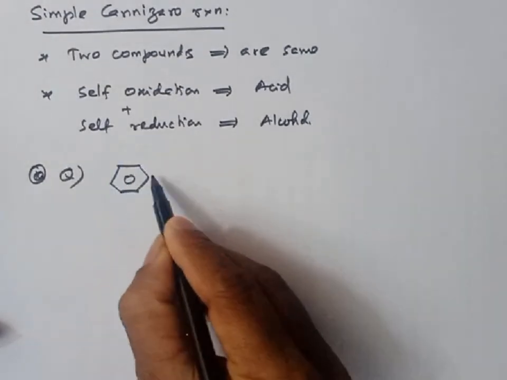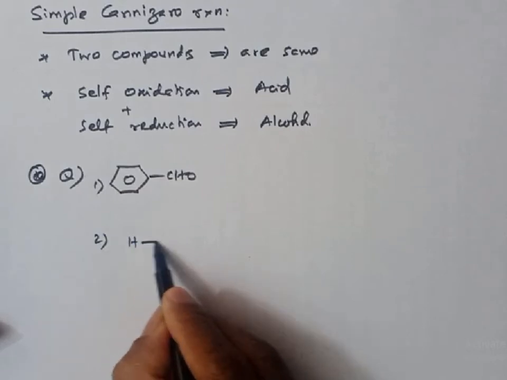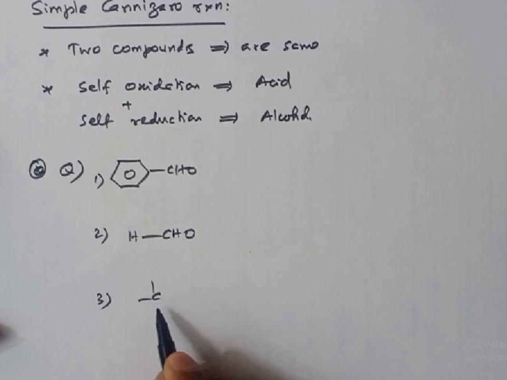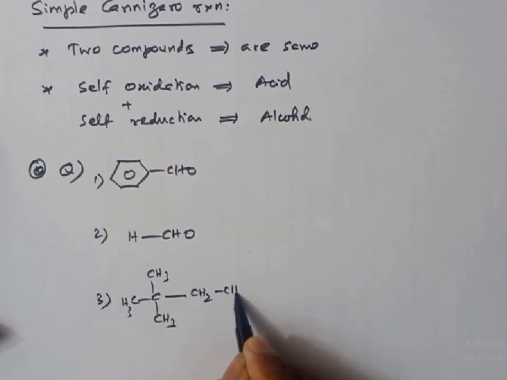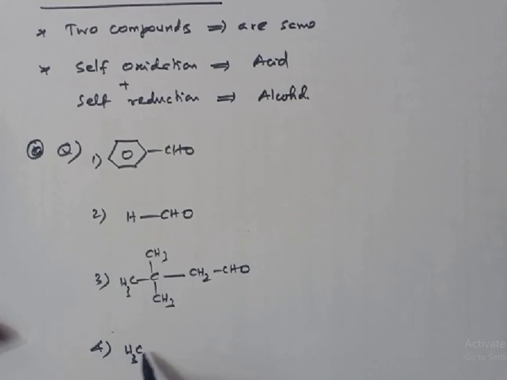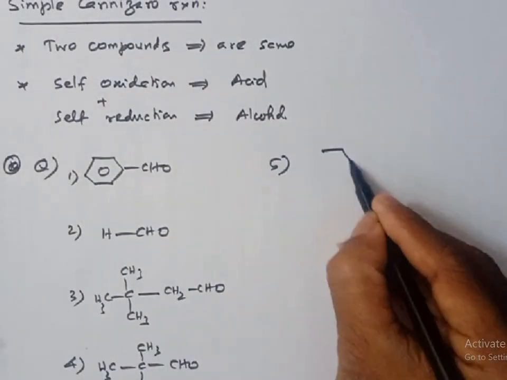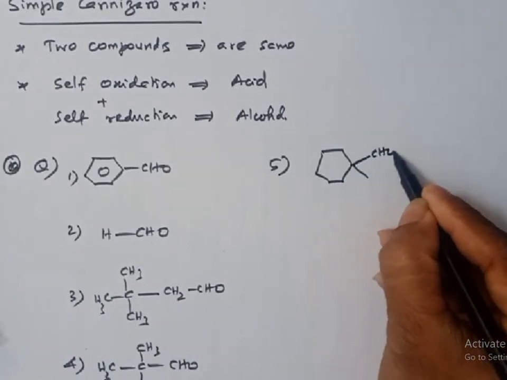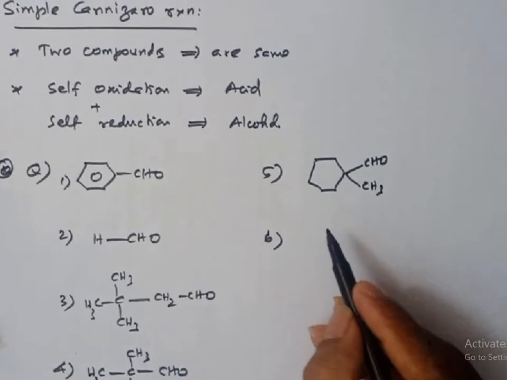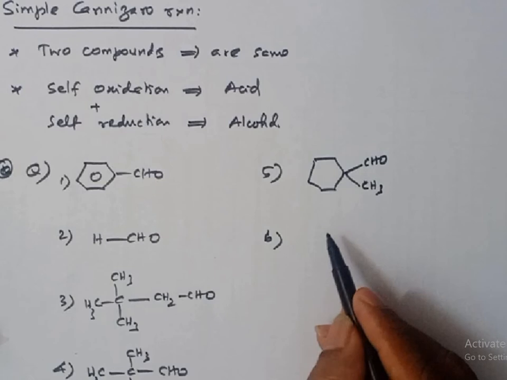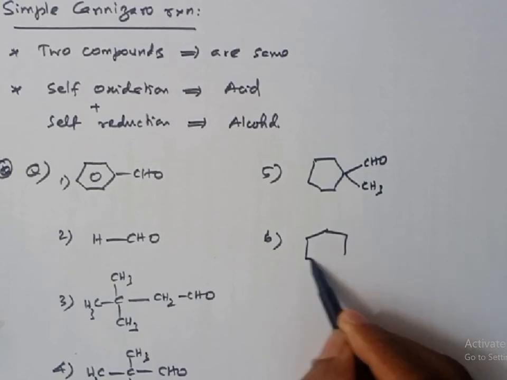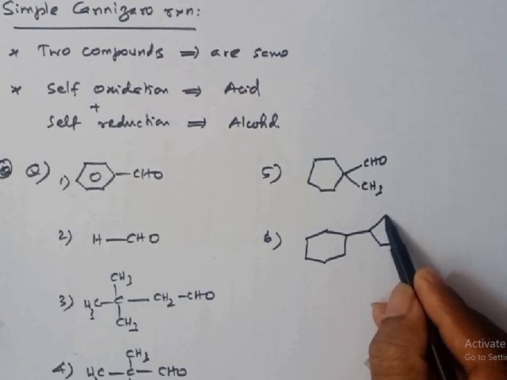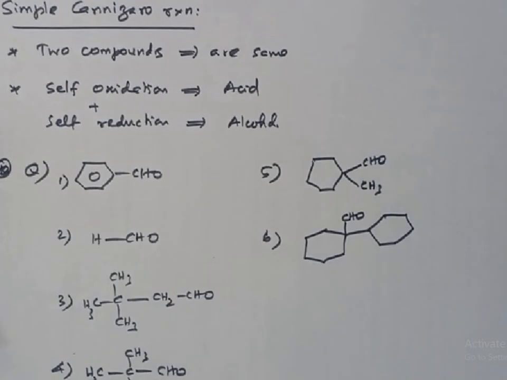Okay, make it fast. Number 1, 2, 3, 4, 5, 6.